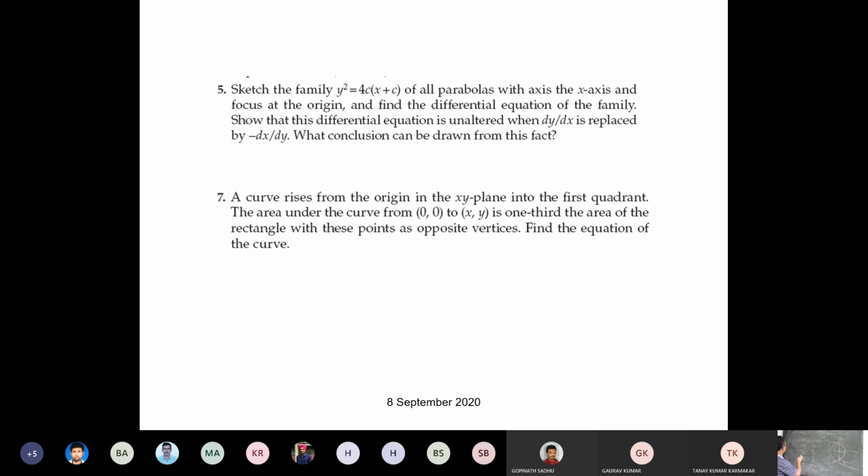It is 2y, right? So it is 4c1 c2 by y squared. And from here you can see that this is equal to minus 1. Is it okay? Fine. So they must be orthogonal to each other, isn't it?